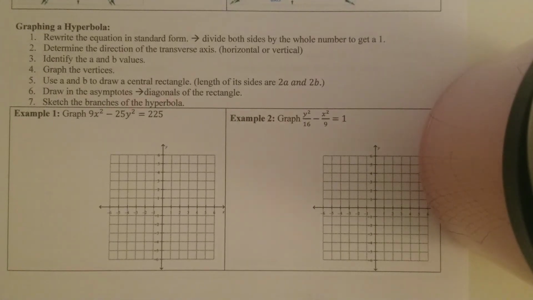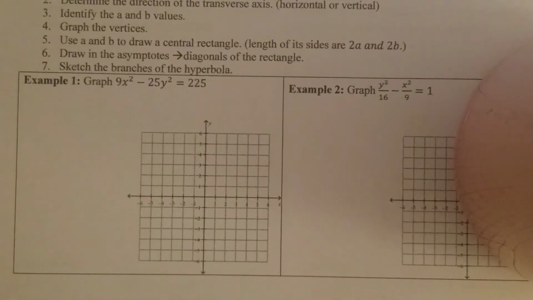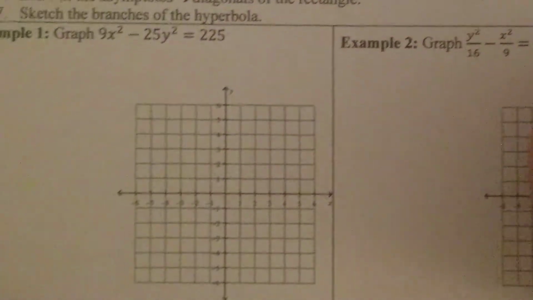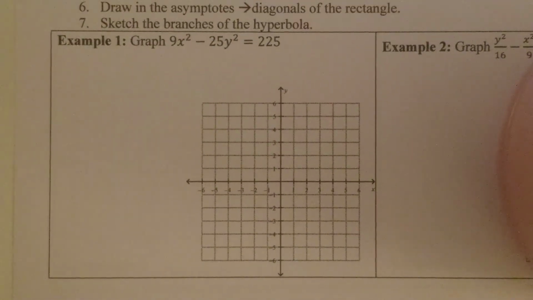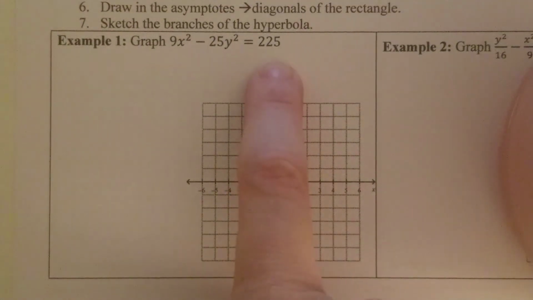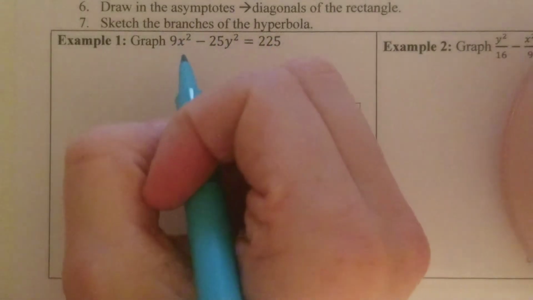So the first step is we always need to get it in standard form. Now, if you remember from last week with ellipses, to get it in standard form, it has to be equal to 1. And in this case, this is equal to 225, so we've got to do something about it. We've got to get this equal to 1. And so to get this equal to 1, we are going to divide all three pieces by 225.